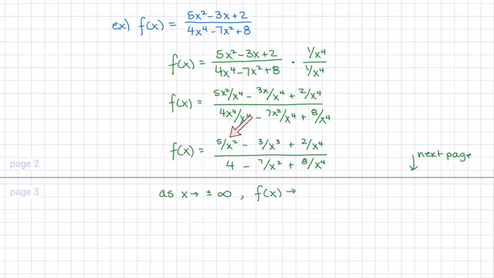It's getting to 0. So we're going to have in the numerator 0 minus 0 plus 0, and the denominator is 4 minus 0 plus 0. And if we were to simplify all of that, what would we get? Yeah, we're going to get 0.